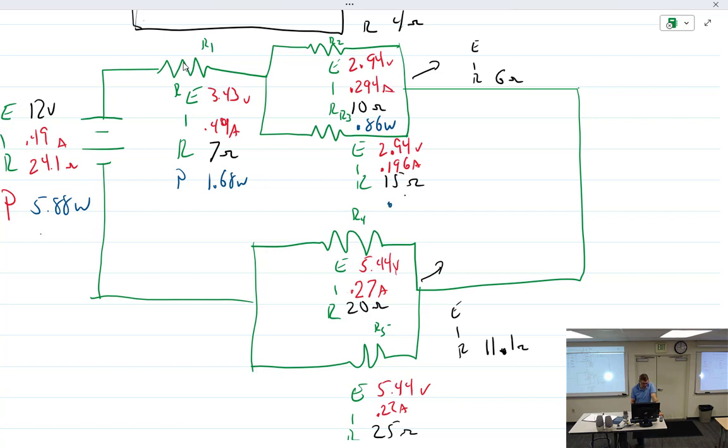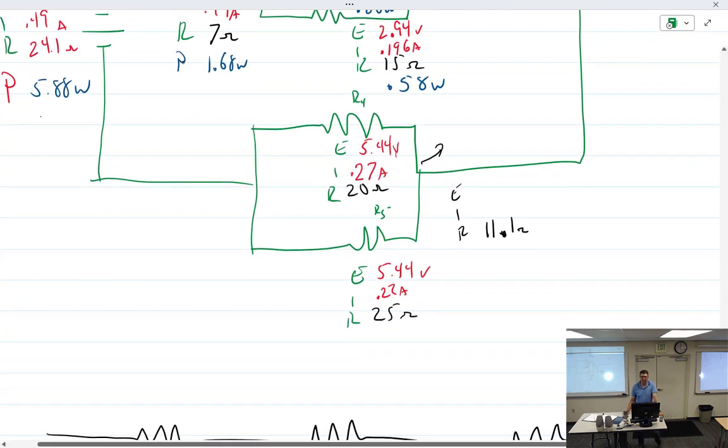We'll go 0.58 on that. 0.58 watts down here. 1.47, and 5.44 times 0.22 equals 1.2.